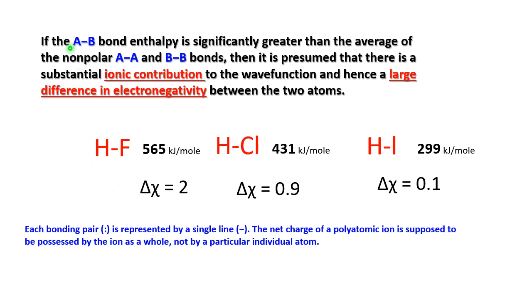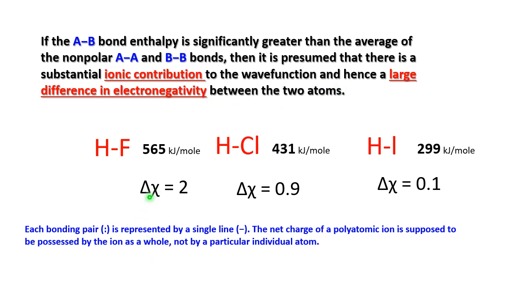So if a bond between two different atoms is significantly greater than average of bonds between them, let's presume there is substantial ionic contribution to wave function and large difference in electronegativity between two atoms.